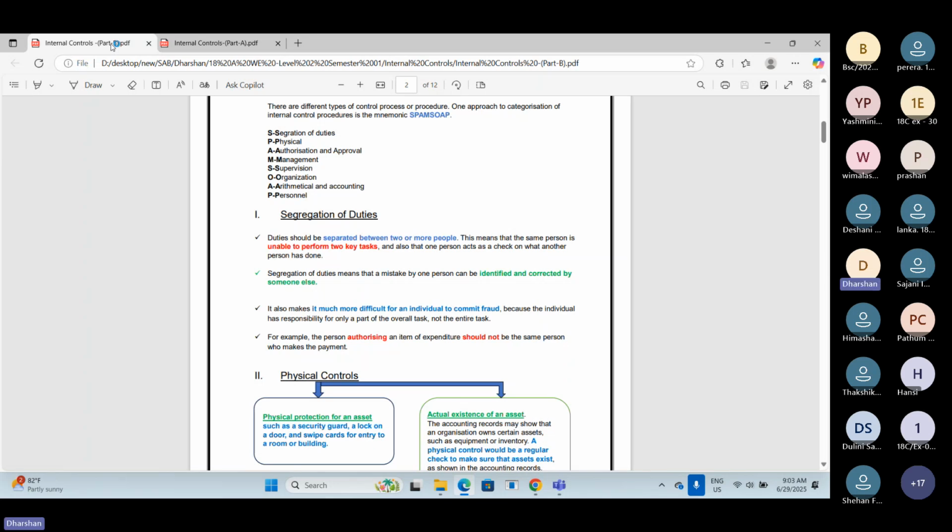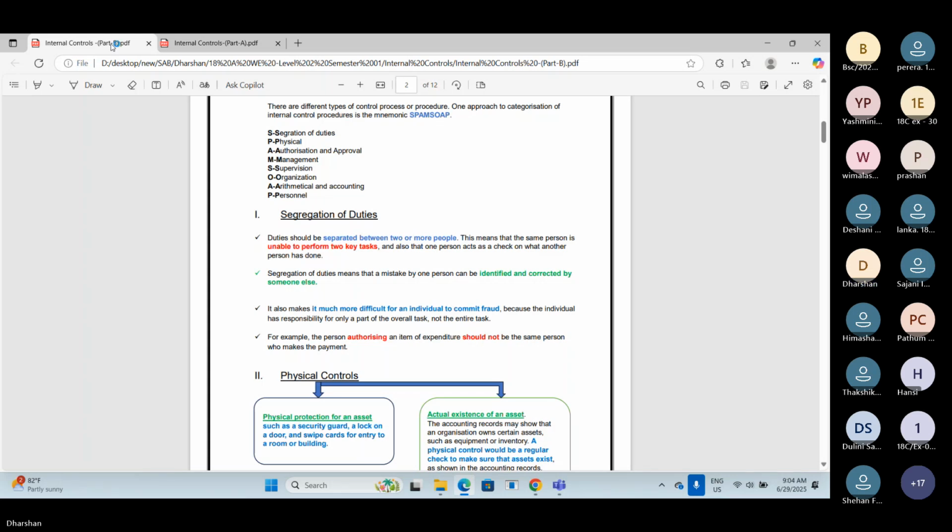In your last class I also told you to put a note in your notebook: segregation of duties is the most important internal control. You can map it with the examples we learned in the business process. It's not that difficult. If you take a sales process, you can see how segregation is there.